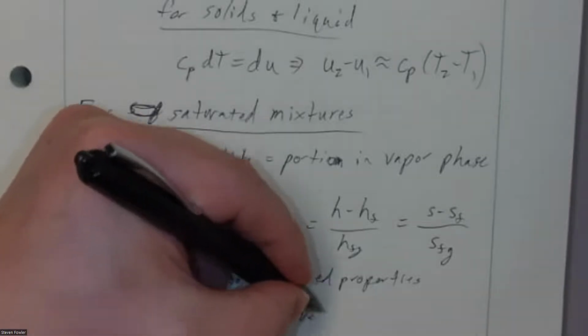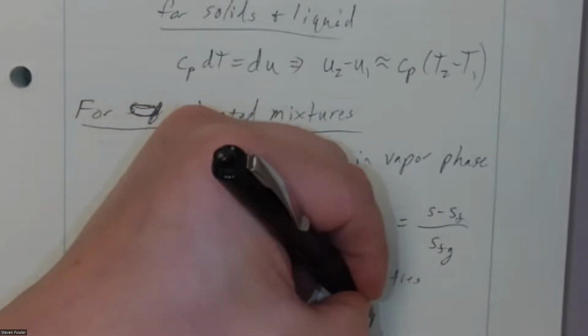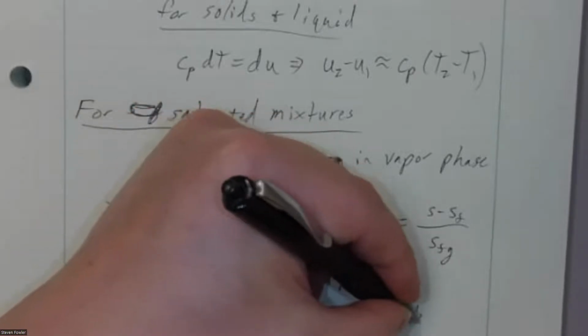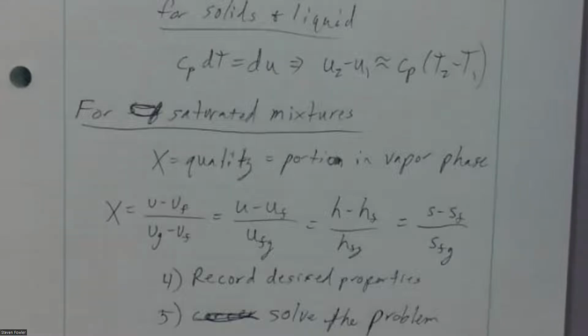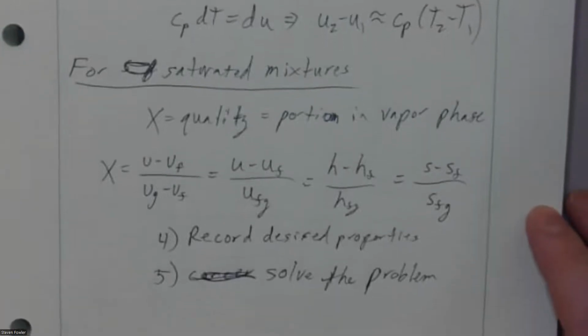Let's just say solve the problem, because I can't spell. Because again, as we've seen since exam 2, finding property values is just a sub-problem within a bigger problem at this point. It's just allowing us to solve for some unknown that I need to solve the bigger problem.